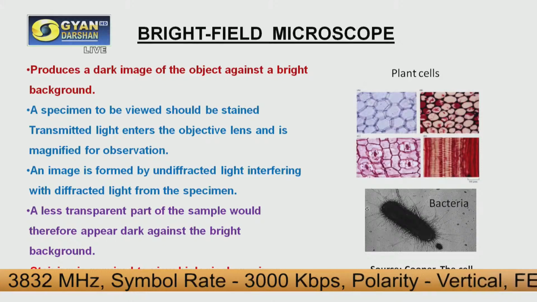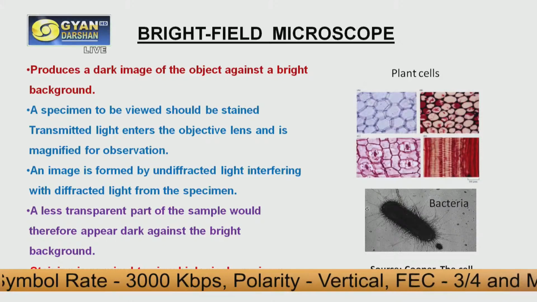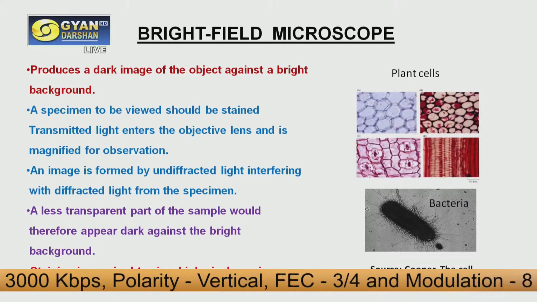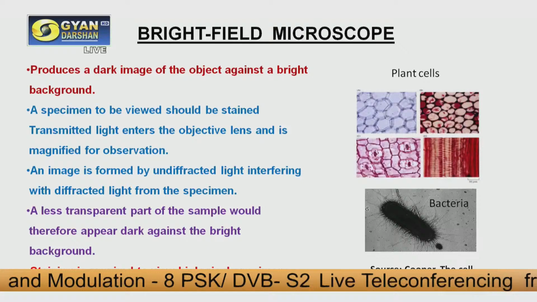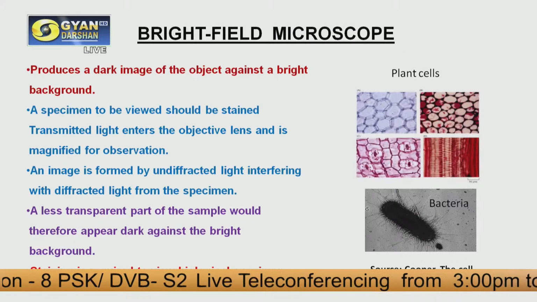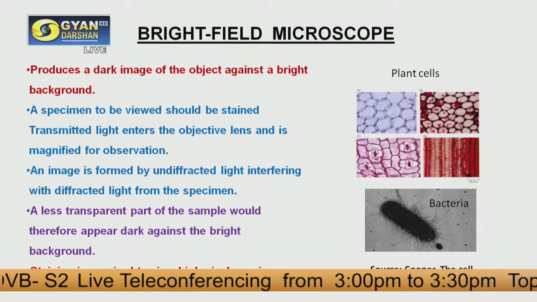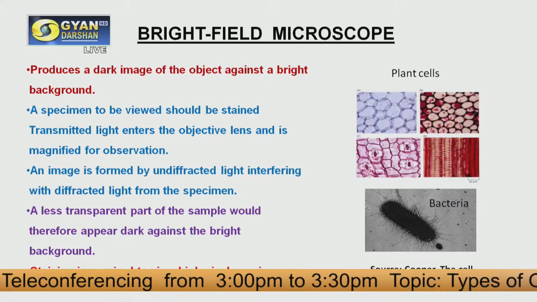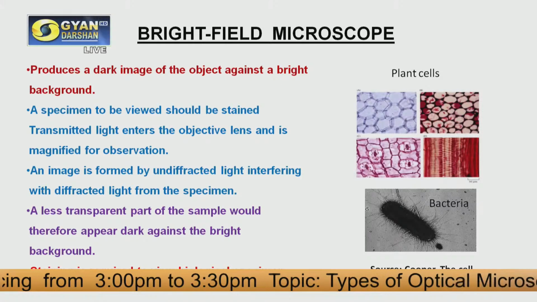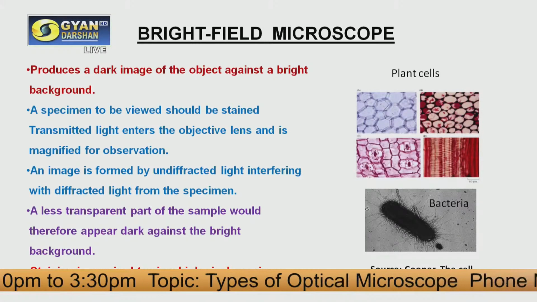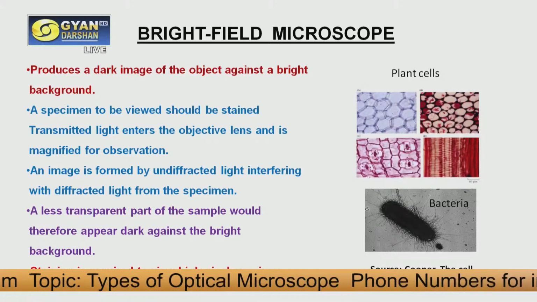The image is formed by undiffracted light interfering with diffracted light from the specimen, and the less transparent parts of the sample therefore appear dark against the bright field background. So the bright field microscope is characterized by a dark image against a bright background.